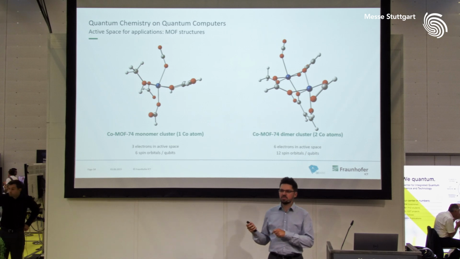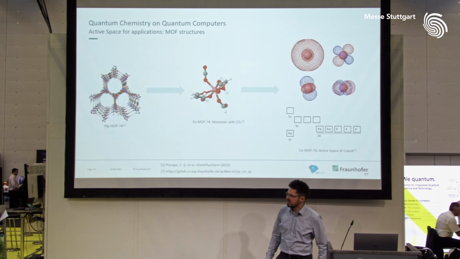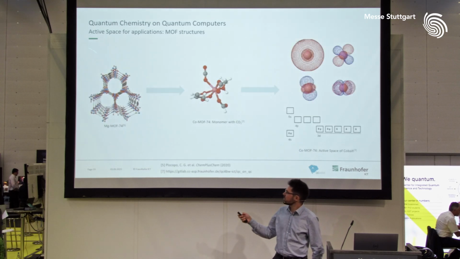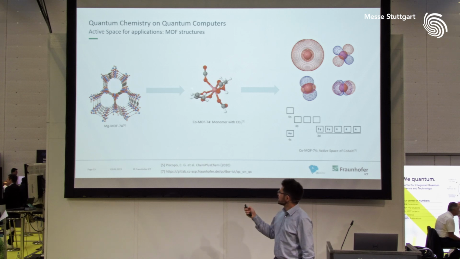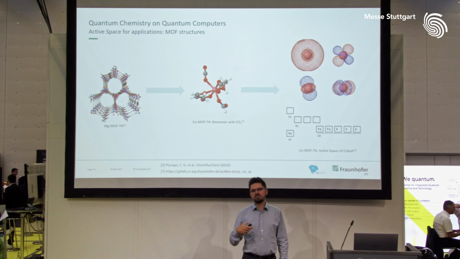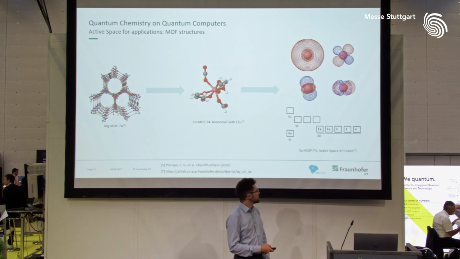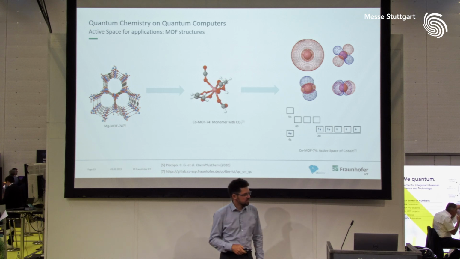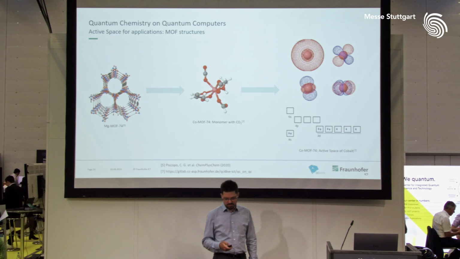We do the whole workflow you've seen just in the last step, and then it basically looks like this. We start from the huge structure. Well, in this case it should be a cobalt MOF-74, just some detail. Cut out of it some smaller cluster, and then do the active space selection on this small cluster. So here you can see some example for this active space.